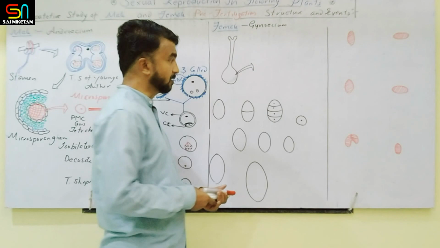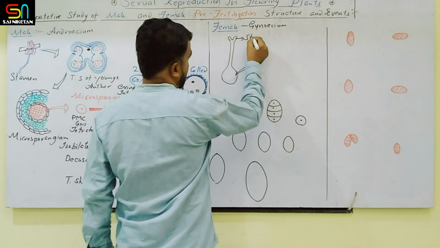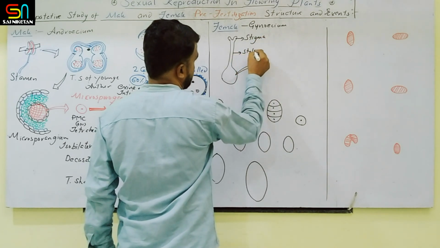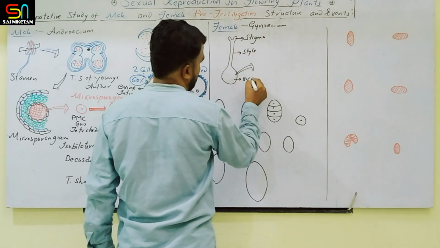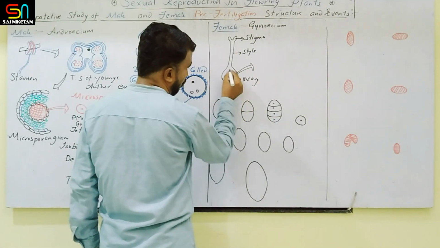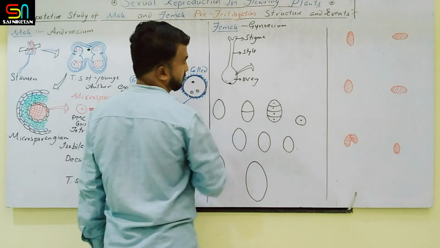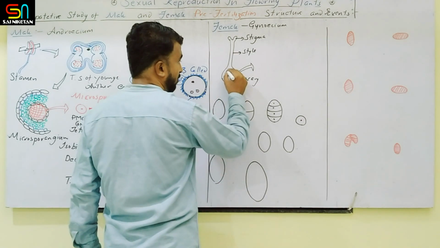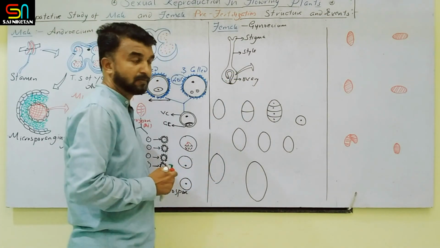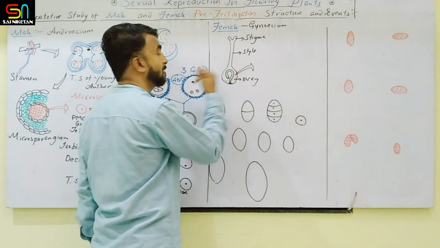Now, the pistil or carpel is made up of three parts: stigma, and this is the style, and this is the ovary. Yes. Inside this ovary, the ovarian cavity is there. It is a locule, and placenta is present. On that placenta, ovules are there. Clear? So the arrangement of ovules inside the ovary on the placenta is called placentation.